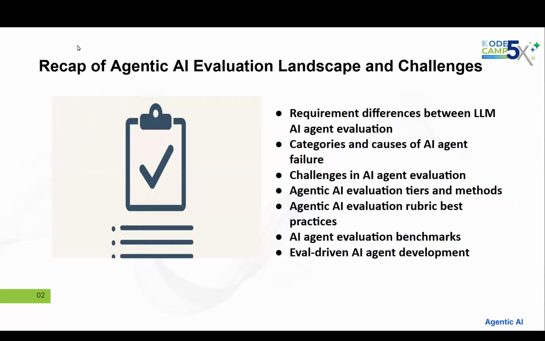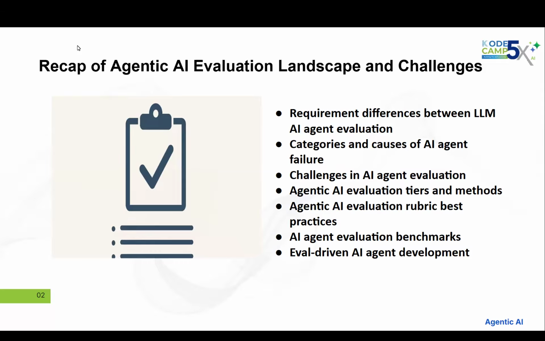So let's say the agent starts on a task and it slowly drifts to a topic which is not relevant to us, such as over explaining instead of delivering the requested outcome. So that is the first category.